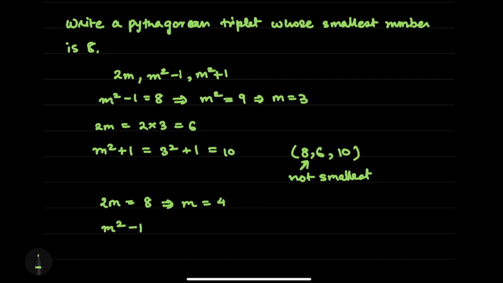So m square minus 1 would be 4 square minus 1, that is 15. And m square plus 1, that is 4 square plus 1, that is 17. So the Pythagorean triplet here would be 8, 15, and 17.